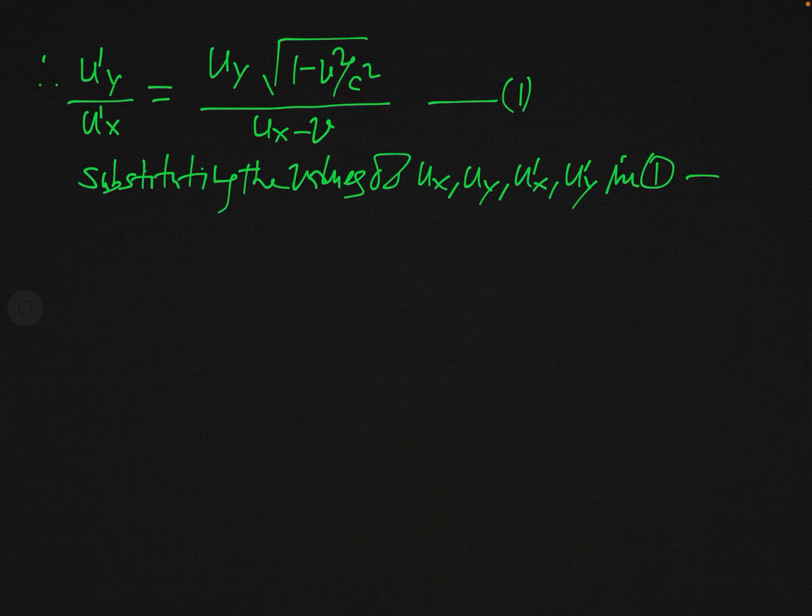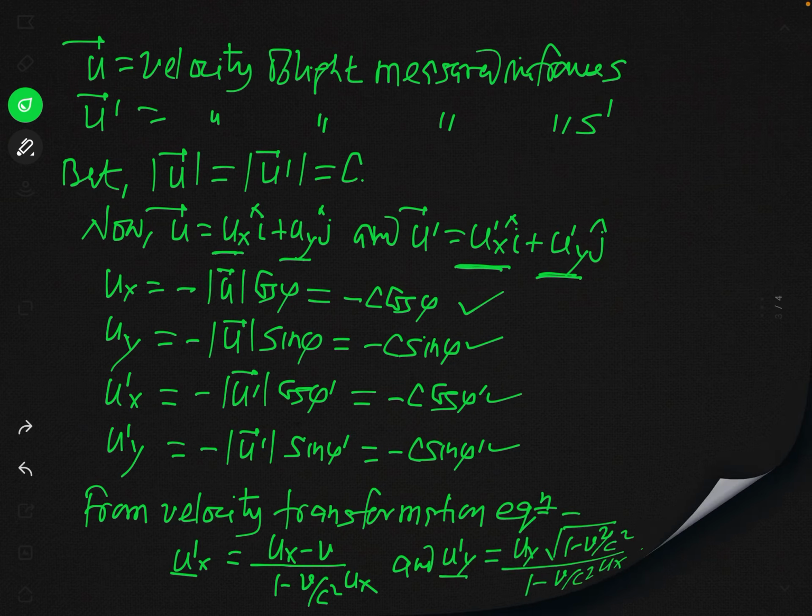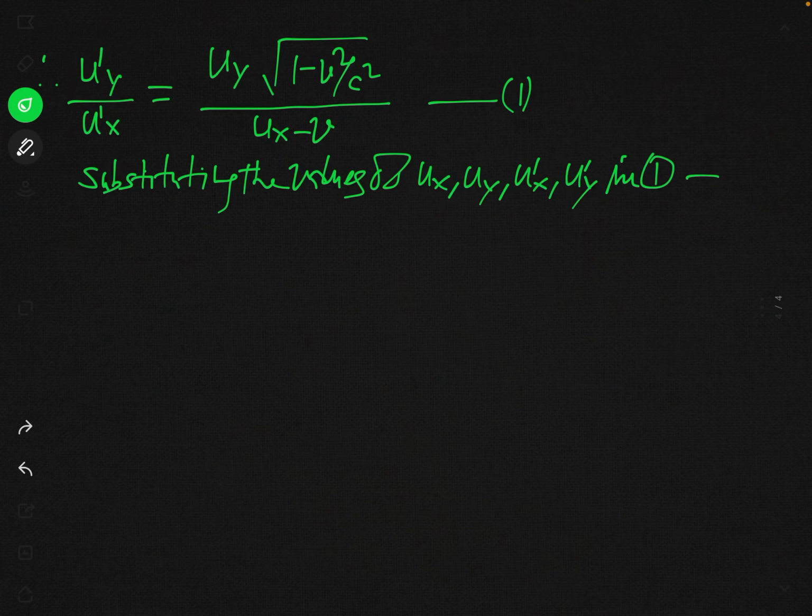So after substituting these values, what will be our result? You can see that this u prime y is equal to minus c sin phi prime, and u prime x is equal to this minus c cos phi prime, and uy is minus c sin phi, and ux is minus c cos phi. So let us substitute all of these values in this equation 1.